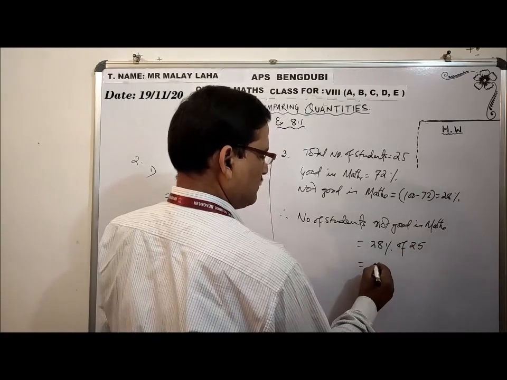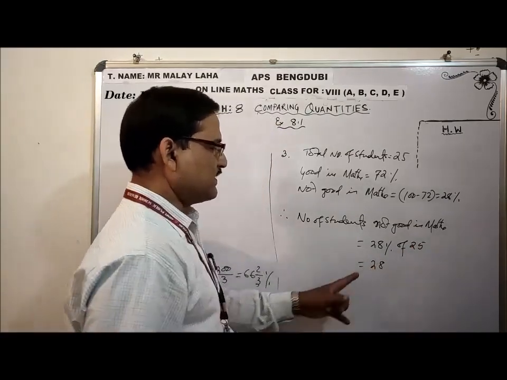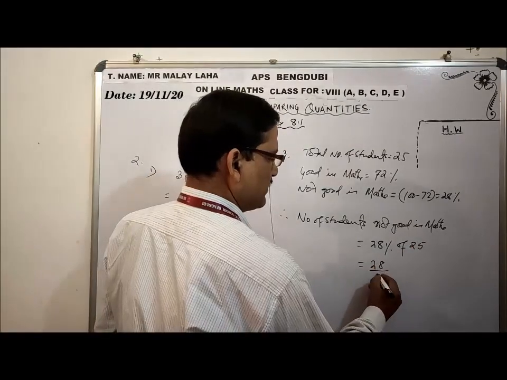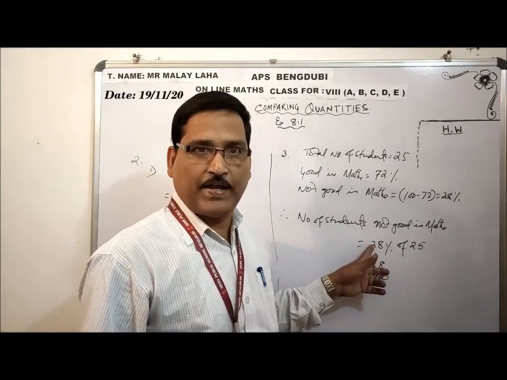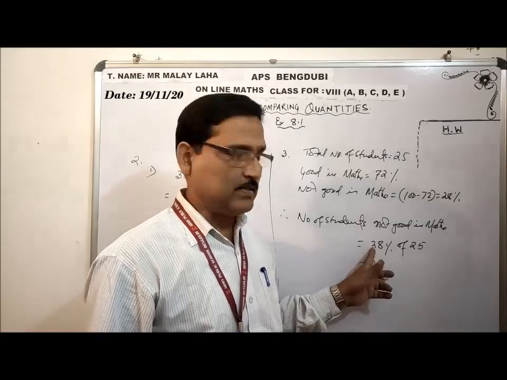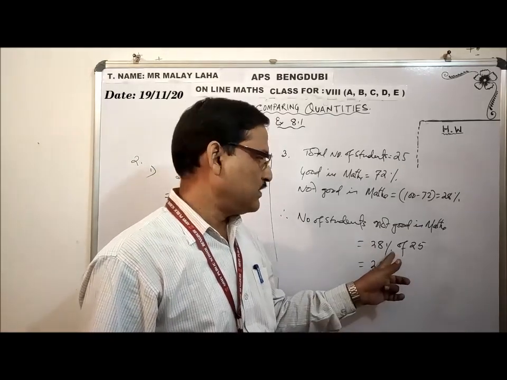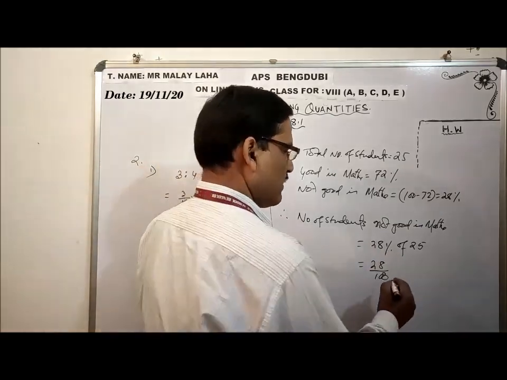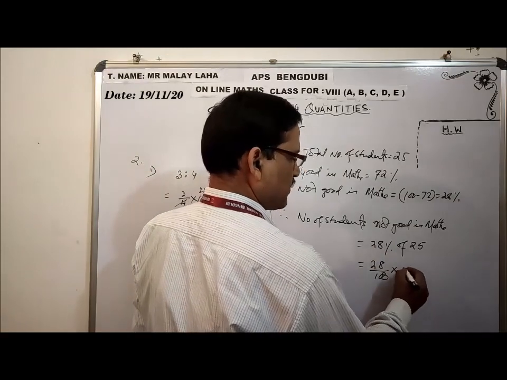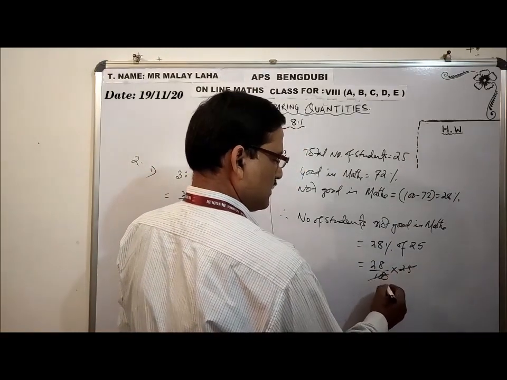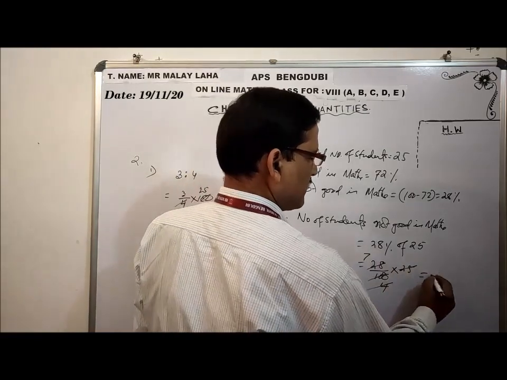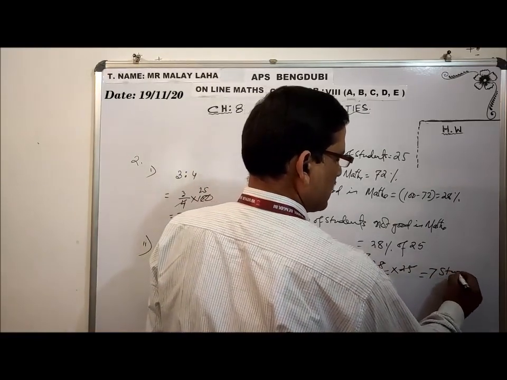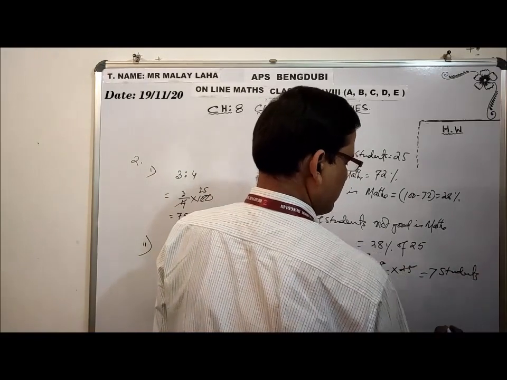How can I write it down? When the percent sign is removed, 100 will be the denominator. 28% means 28 out of 100. Of means multiply, so 28 by 100 times 25. Cut 25 fours are 7. 7 students are not good in maths.